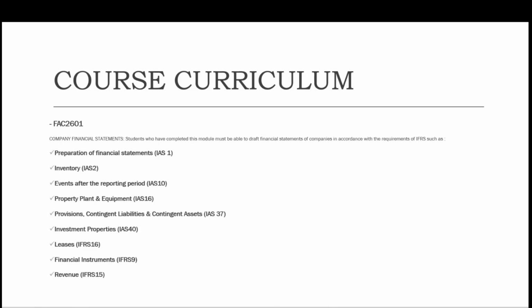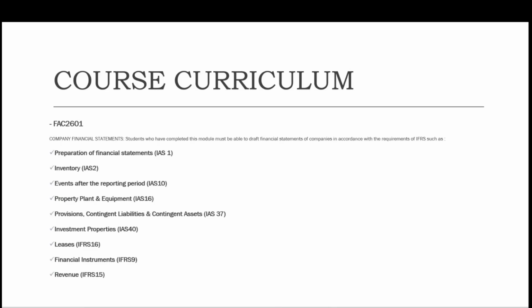So for every one of these, we're going to go deep to understand how we account for them, how we recognize them. And by the time you finish with one, you will know everything about it. If we do inventory, you know everything about inventory. If we do property, plant and equipment, you will know everything about property, plant and equipment.